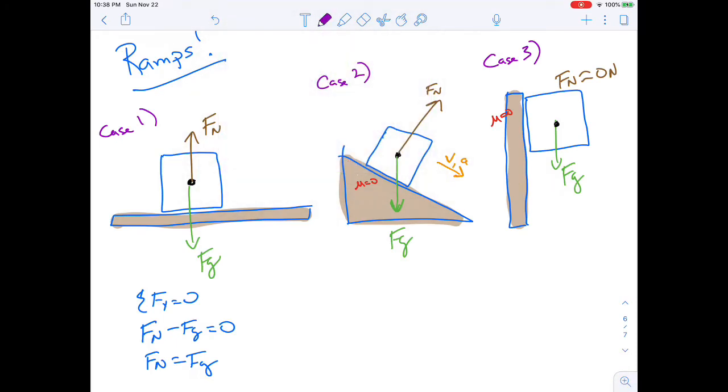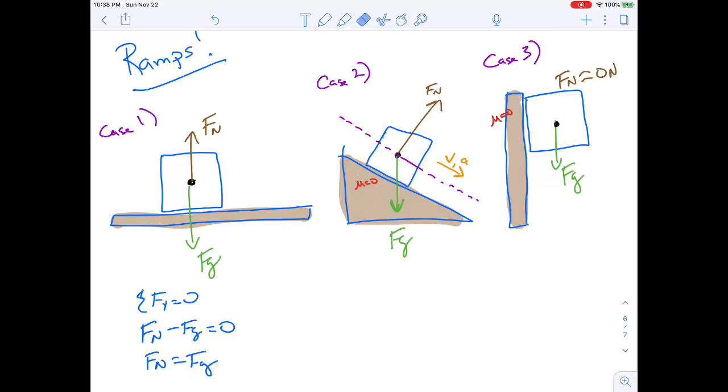Typically, sorry if there's a little background noise because I'm moving the iPad, we say that our x direction is either up or down the incline, the direction of the incline. I'm going to make positive x down the incline, but depending on the situation I could make positive x up the incline. It doesn't really matter.